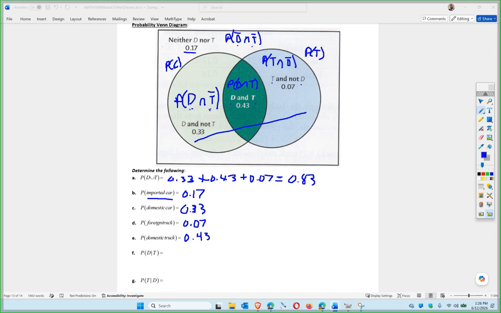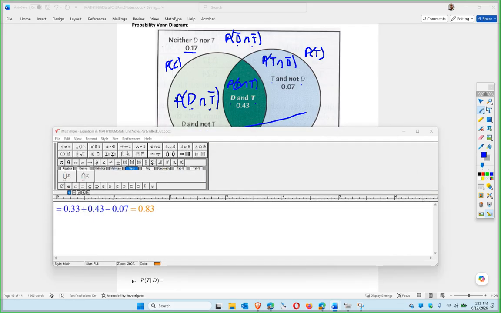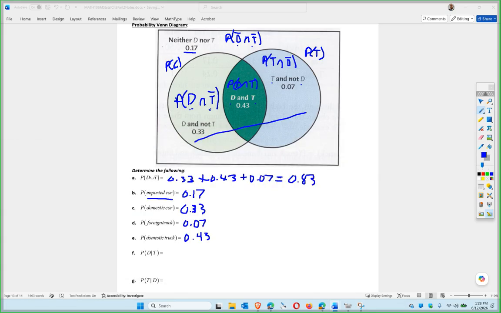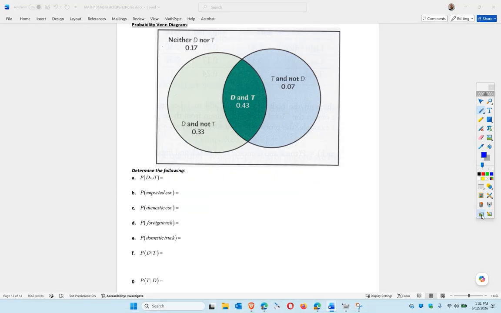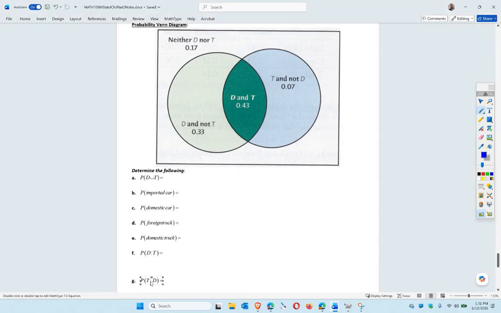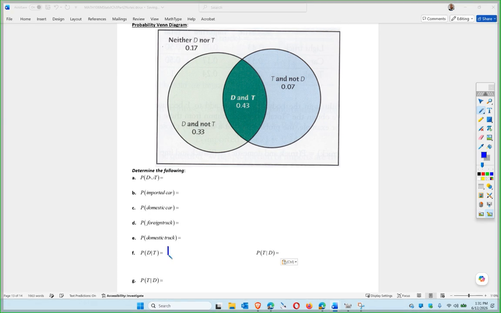Okay, so now we have the conditional ones. Domestic trucks and trucks domestic, so we had two conditionals essentially. Let's put this over here so I can write a little bit easier again. So this is the probability of domestic and truck over the probability of truck.